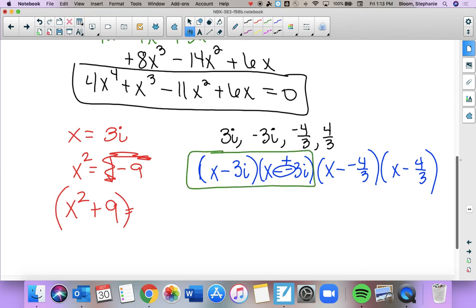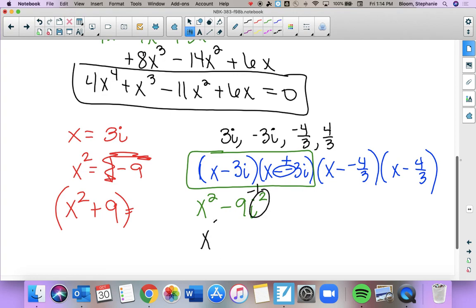So you would get x squared. X times 3i would be positive 3ix. X times negative 3i would be negative 3ix, right? Those are going to cancel. It's going to go away. And then negative 3i times positive 3i would be negative 9i squared. What's i squared? Negative 1.